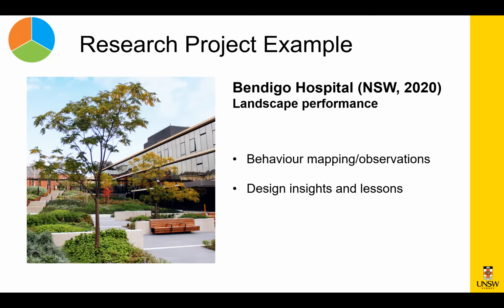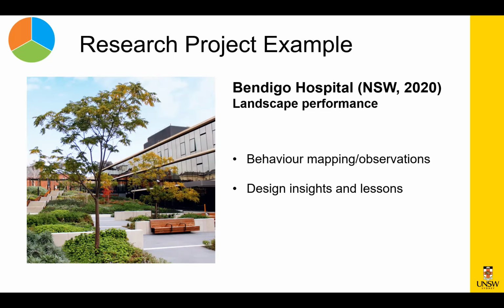We all know that designed landscapes are not always used as the designers intended or as the brief specified. People will find their own ways to utilise green space or outdoor space in general.